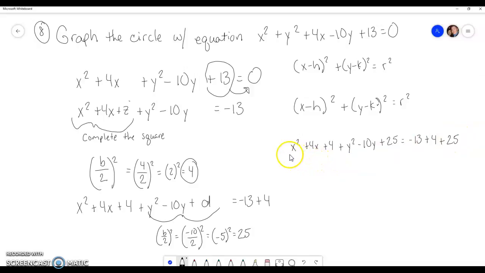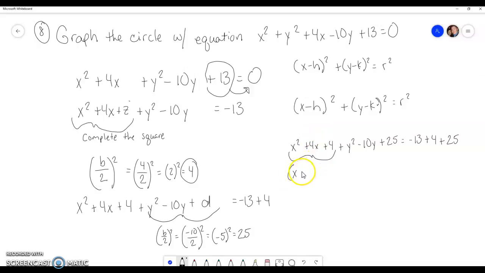Okay, now I'm going to take this x squared plus 4x plus 4 and I'm going to factor it. Remember factoring a trinomial. I'm looking for numbers that multiply to a positive 4 and add to a positive 4.